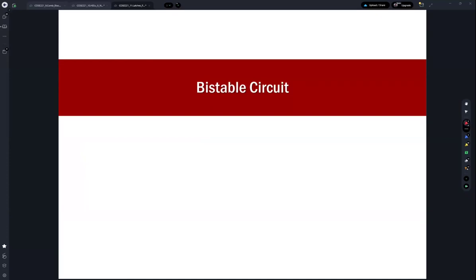First, which circuit is required for storing digital signals?